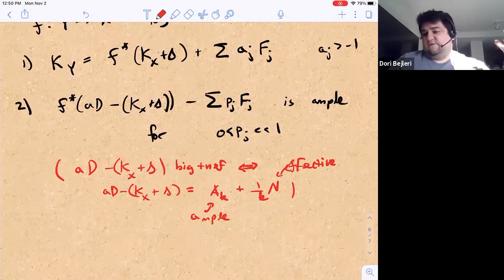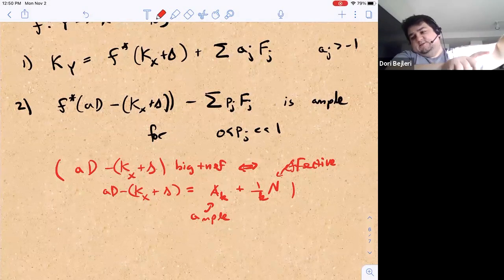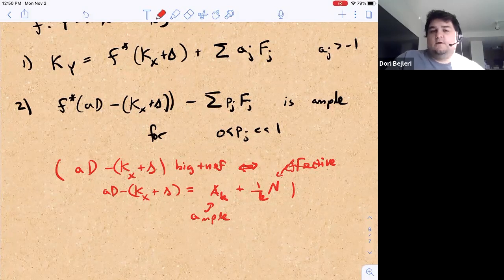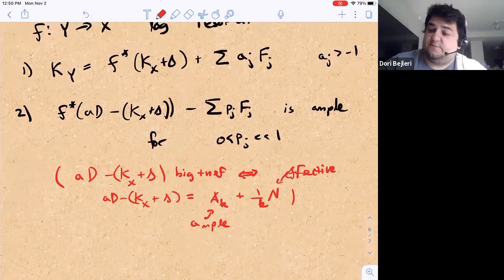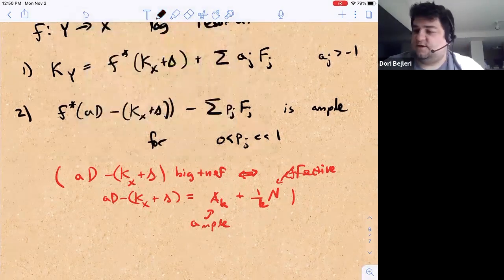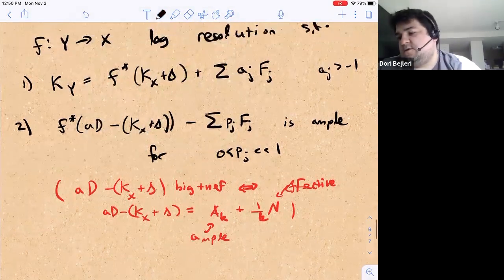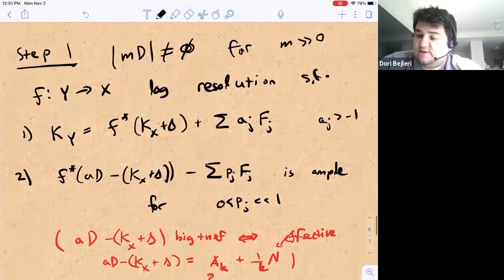If we subtract some small epsilon exceptionals, then our pullback of ample minus these epsilon exceptionals becomes ample, and whatever we have left over is the strict transform of these N's, but that comes with really small coefficient, and so again it fits into this minus sum of p_j F_j, where p_j is very small. Okay, so that's how we can write it this way. So we need to resolve further, so this N is also log resolved, and this gives us our perturbation that makes things work.